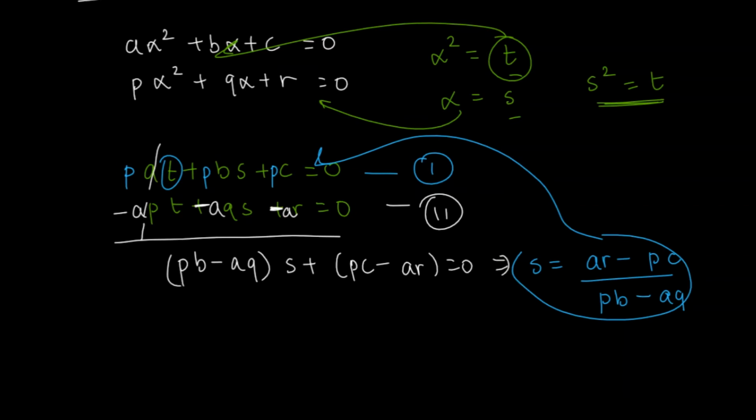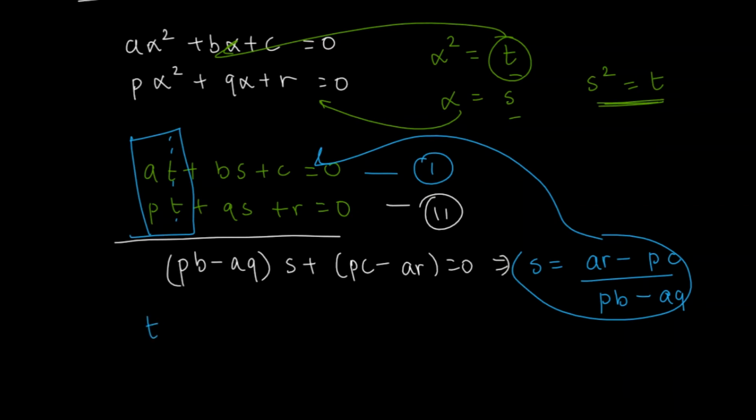If you went on and tried the cross multiplication way, let's just also do that. So we had the two equations, let me just remove the multiplication signs. Now in cross multiplication, let's just cover the t part first, and look at the other coefficients.